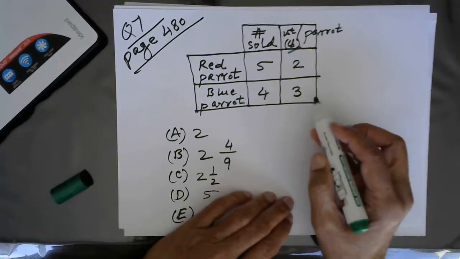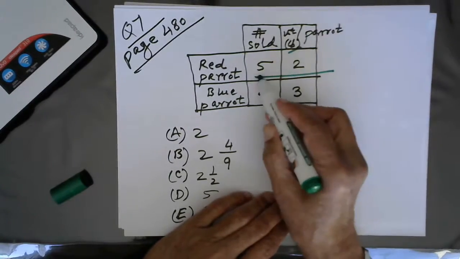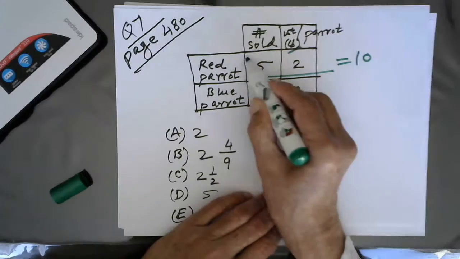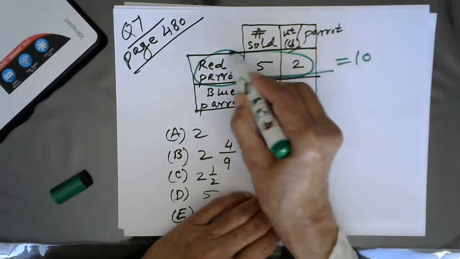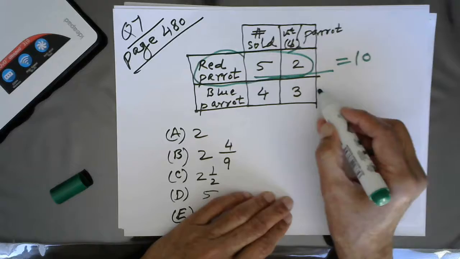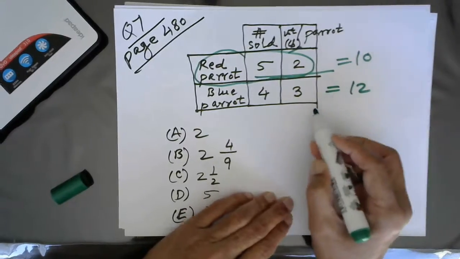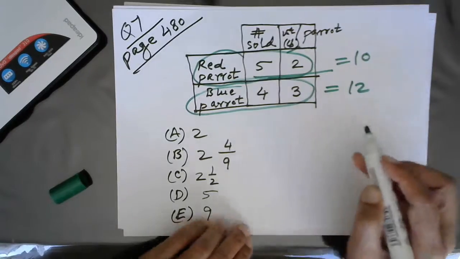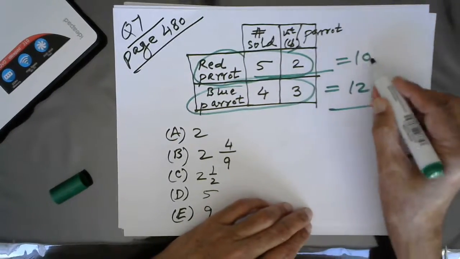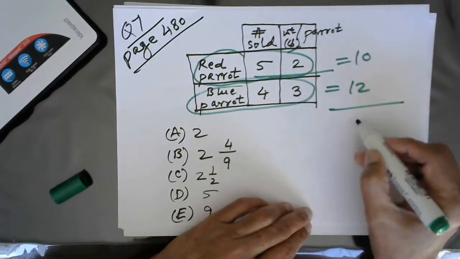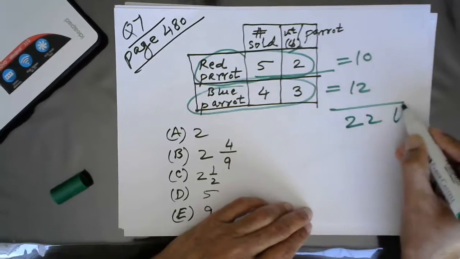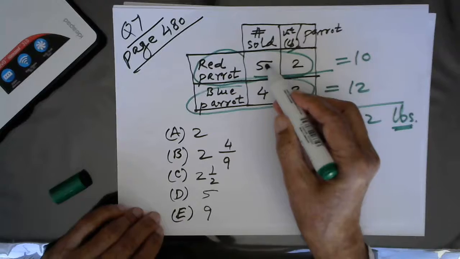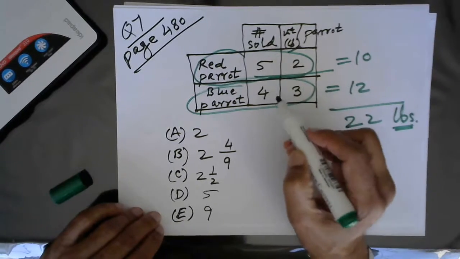So let us find out the total weight. 5 times 2 will be 10. This is the total weight of 5 red parrots. And 4 times 3 is equal to 12. This is the total weight of 4 blue parrots. If we add them, we will get 22 pounds. So 22 pounds is the total weight of 5 red and 4 blue parrots.